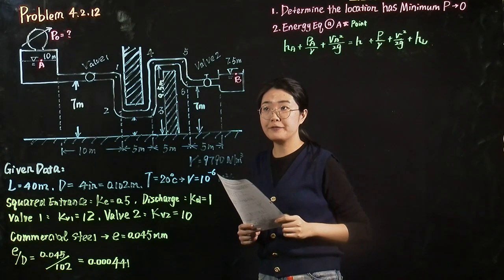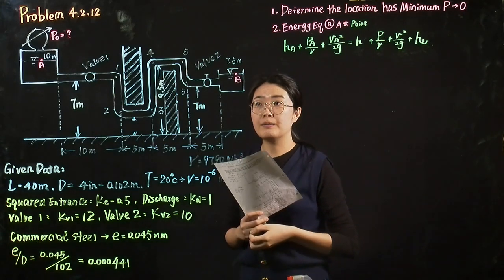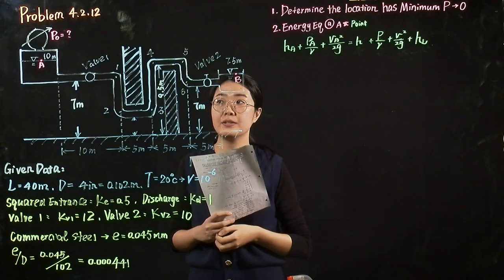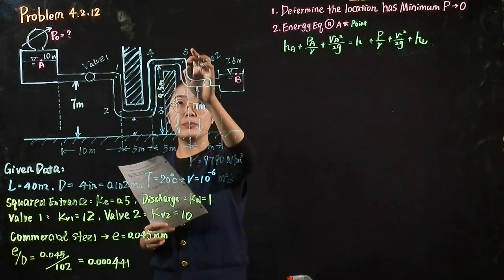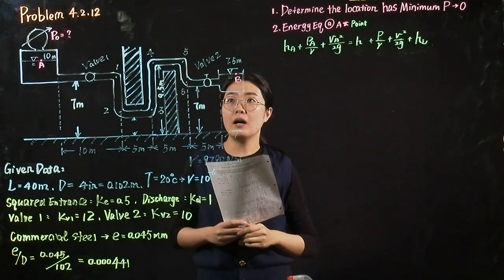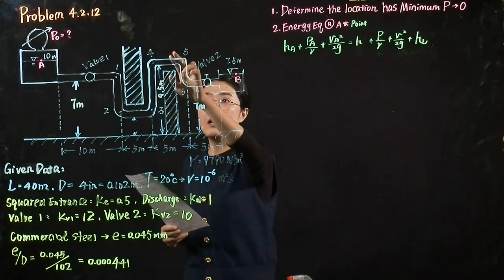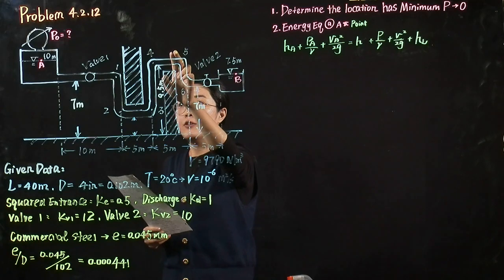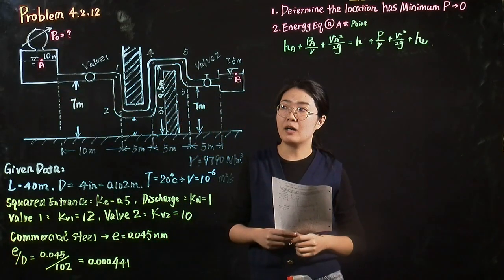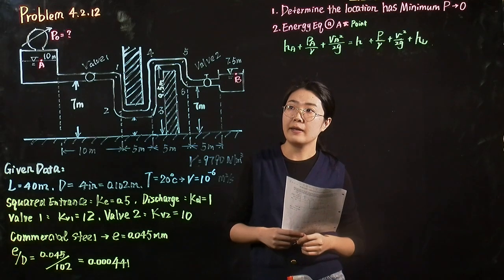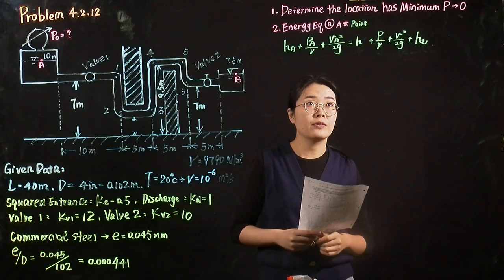So let's look at the figure. The points with the highest height are point 4 and point 5, and because point 5 is further from point A, it may have a larger value in the friction loss.